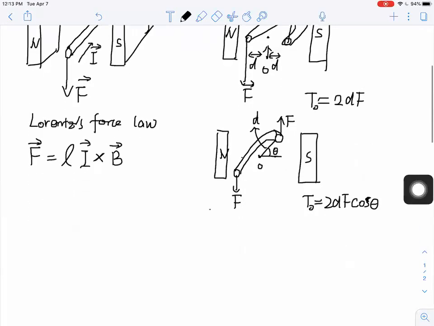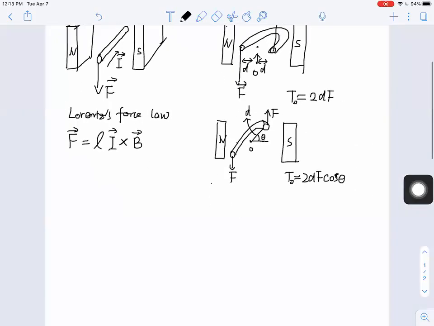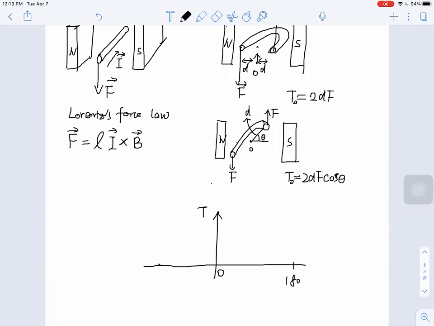So if we can plot this, on the vertical direction is going to be torque. On the horizontal direction is going to be angle theta. Let's see. Start from 0 degrees all the way to 180 on one side and negative 180 on the other side.